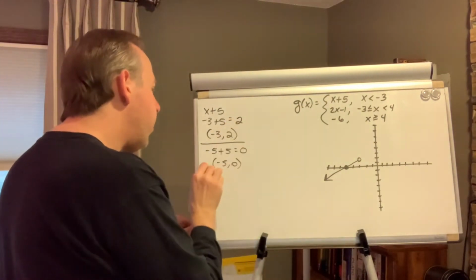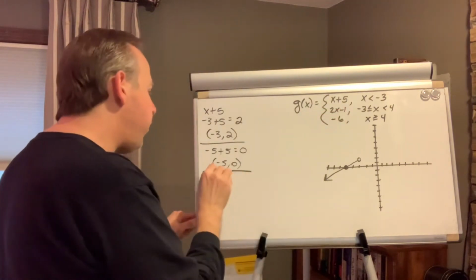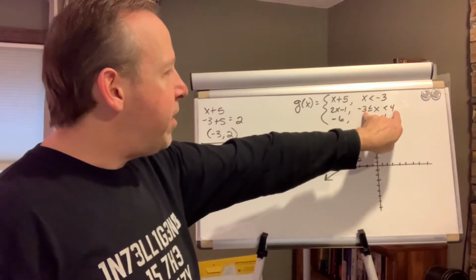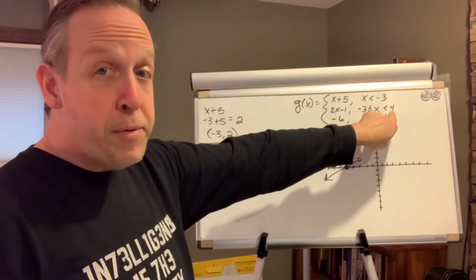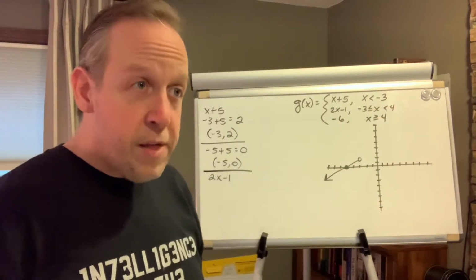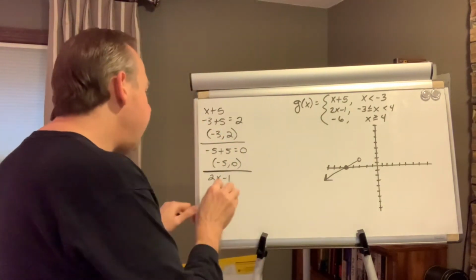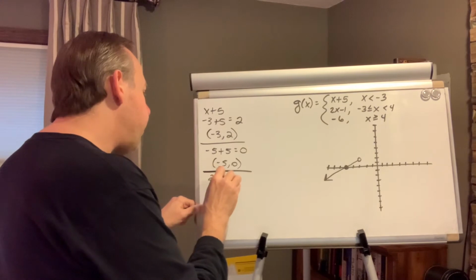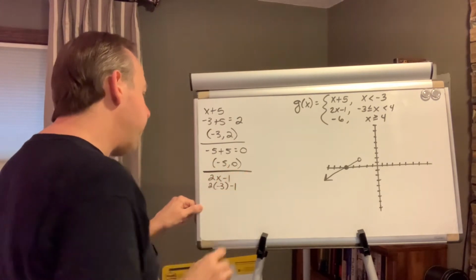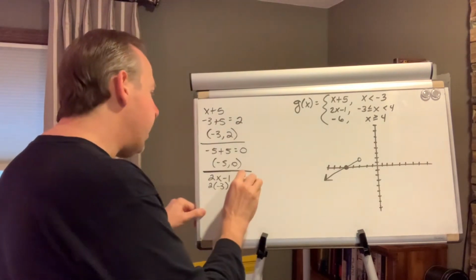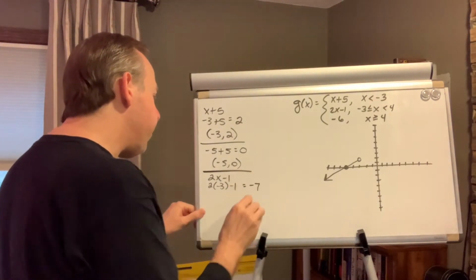So the next piece is 2x minus 1. And it's a segment that goes from -3 up to 4. So I'm just going to use the -3 first to see what coordinate that is. Plugging in -3, I get 2 times -3 minus 1. 2 times -3 is -6, and -6 minus 1 is -7.